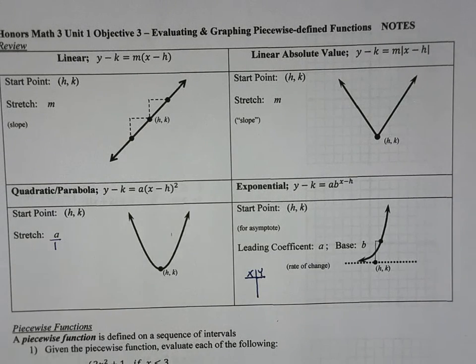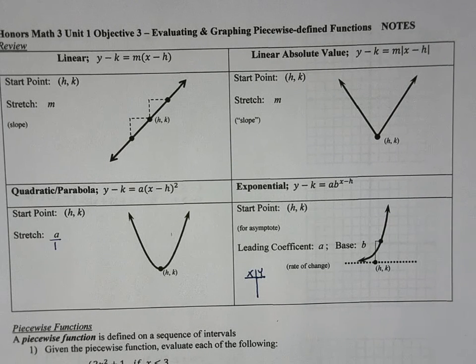A piecewise function similarly takes a little component from maybe a quadratic and a little component from a linear and maybe an absolute value, and then stitches it together to create a function that has little individual pieces of each of those other ones, right?